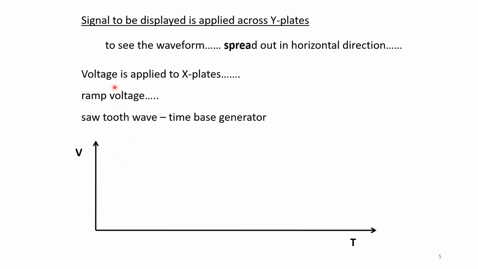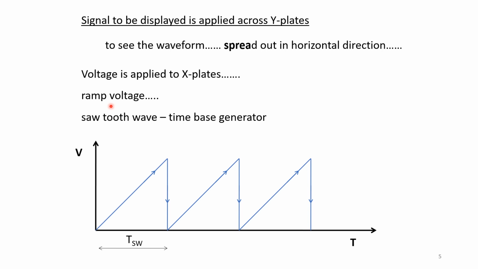Remember, this is the voltage that is applied to the X plates. So when we say the X plate, this is the standard type of voltage that is being applied, and this is the ramp voltage. And this particular thing gives the period of the sawtooth wave.